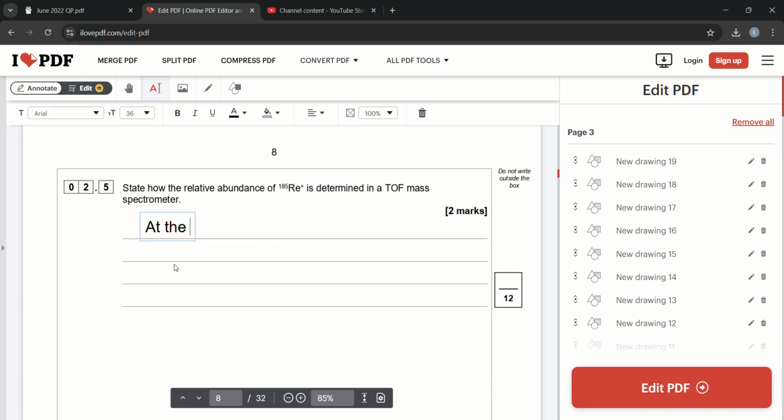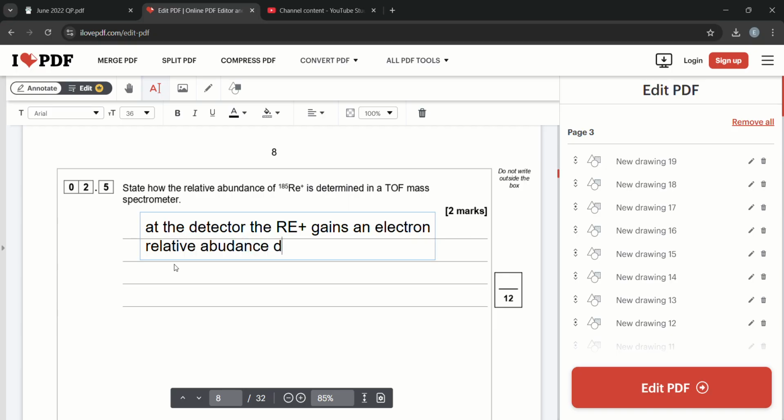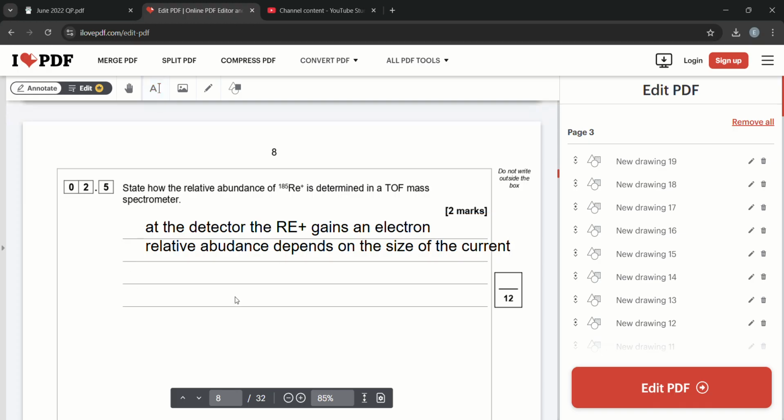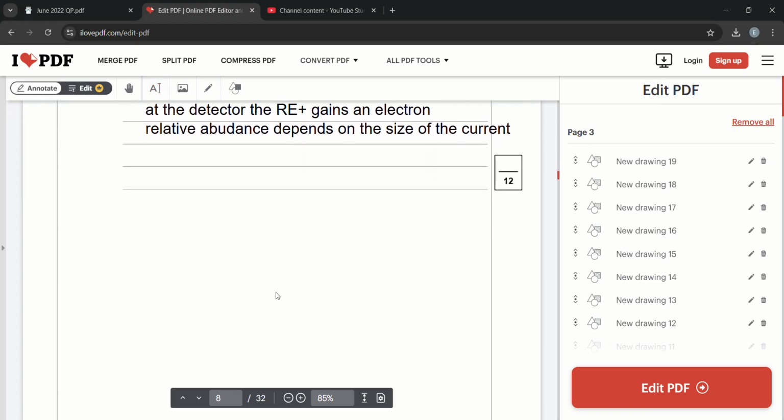So at the detector, the Re plus gains an electron, and relative abundance depends on the size of the current. And that is the end of question 2.